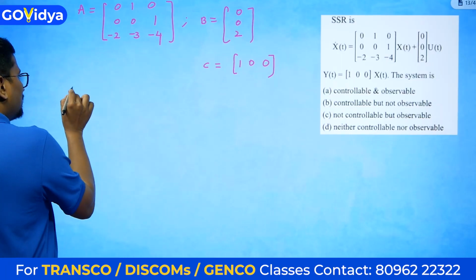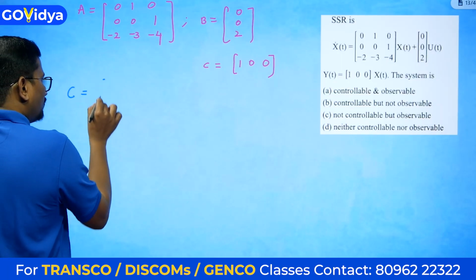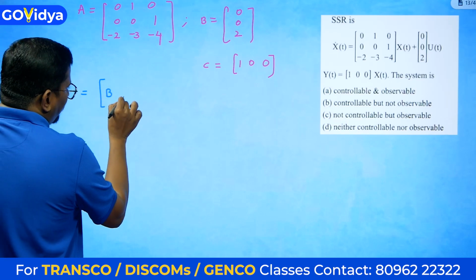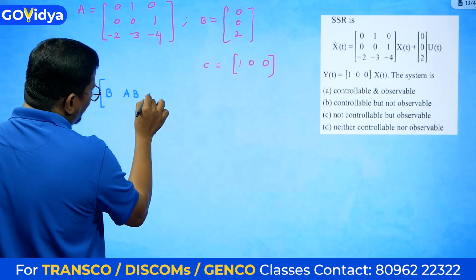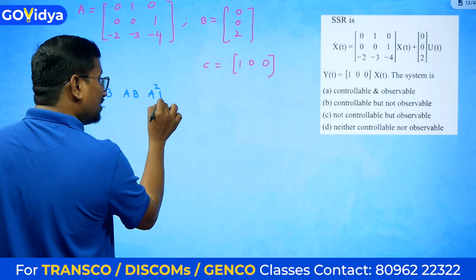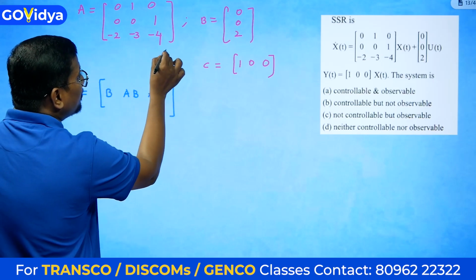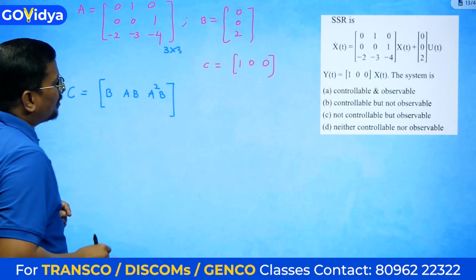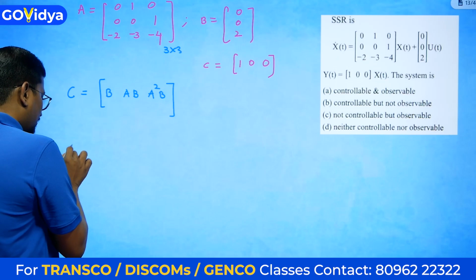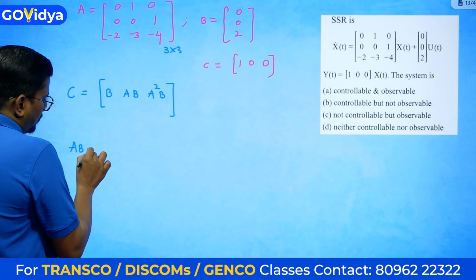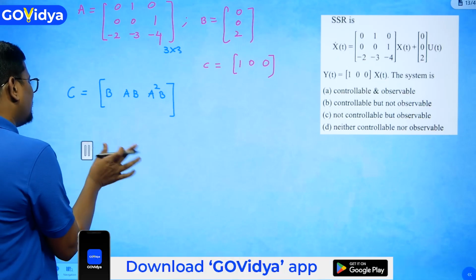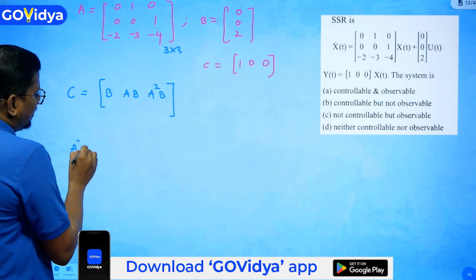For controllability, we know the standard form: C equals B, AB, A square B. Why have we taken A square B? Because it is a 3 by 3 matrix. First let us calculate A square, so it will be very easy for us.